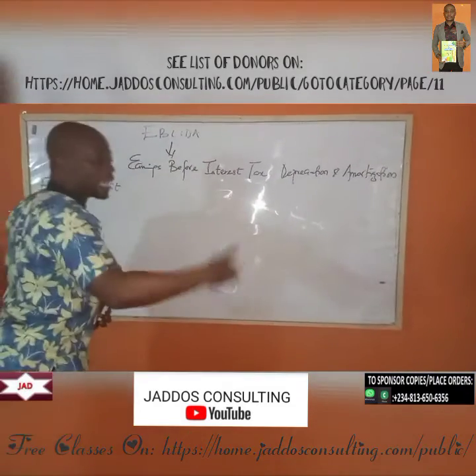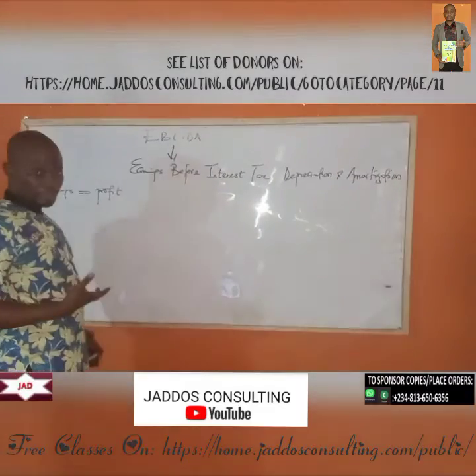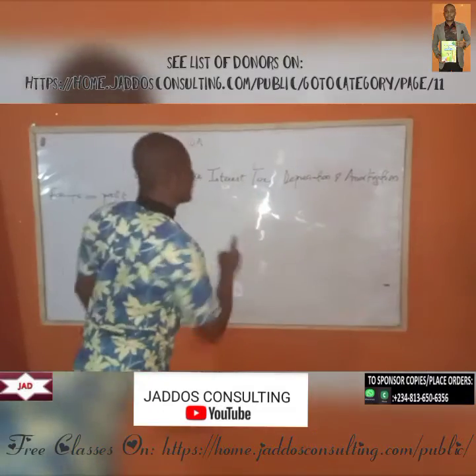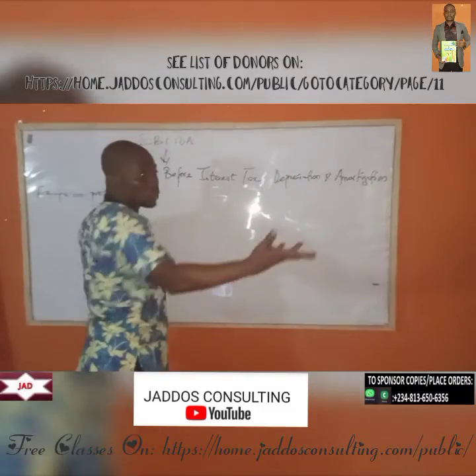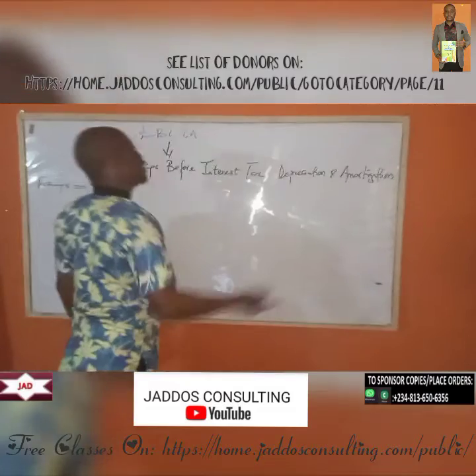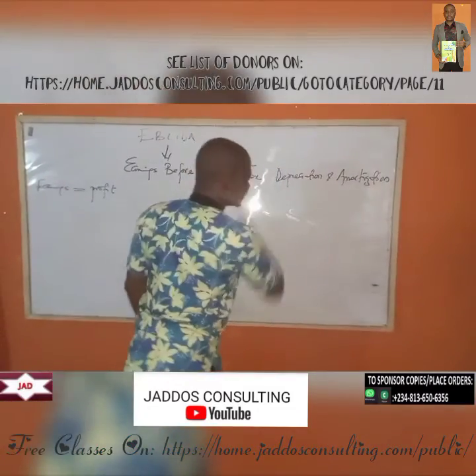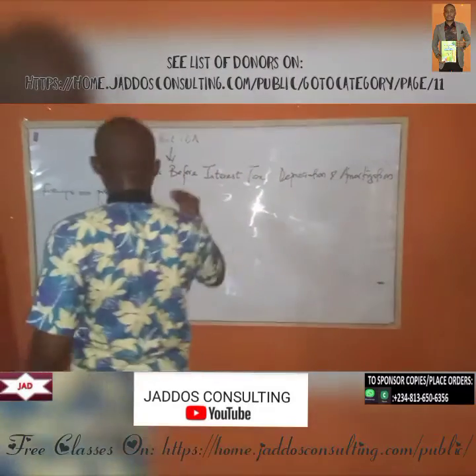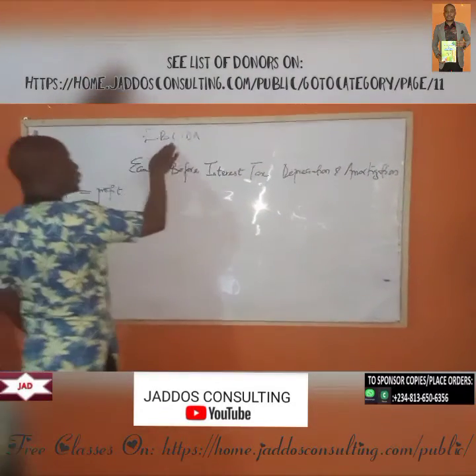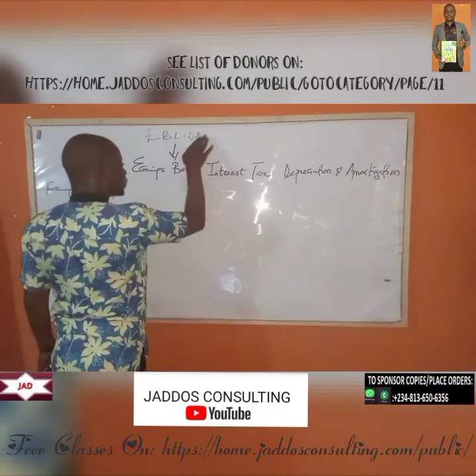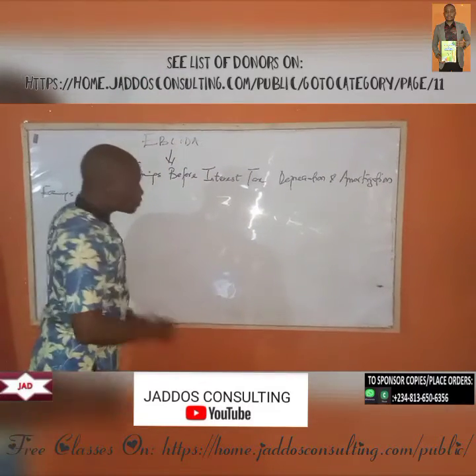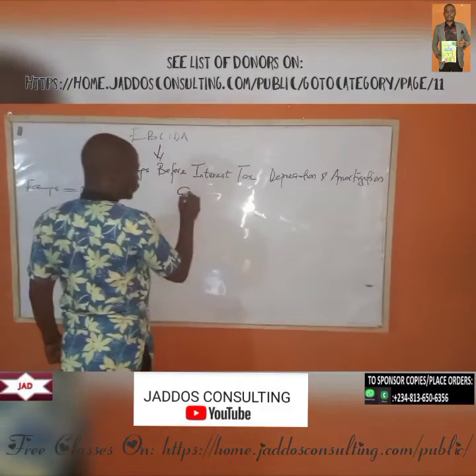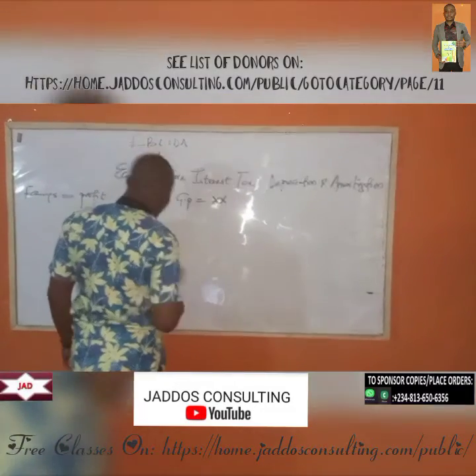So what we're saying is that when you have a profit, before you charge your expenses, of course that is gross profit. Now the expenses you're charging will exclude interest on maybe loan or debenture interest. It will exclude tax. It will exclude depreciation and amortization. That is what we call earnings before interest, tax, depreciation, and amortization, EBITDA. So let's say you have your gross profit to be an X amount of money.